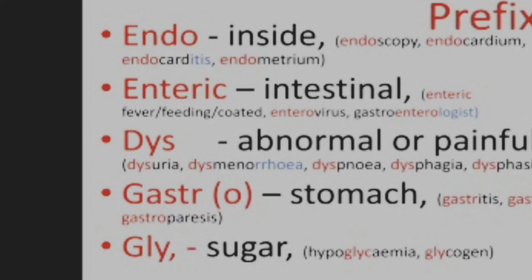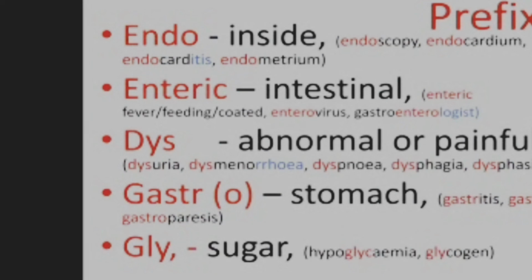Gly stands for sugar. If our body cannot regulate the sugar that we consume through carbohydrates, we get an accumulation of sugar in our blood, and that starts corroding the veins and arteries. And hypoglycemia, the hypo is always like lesser.